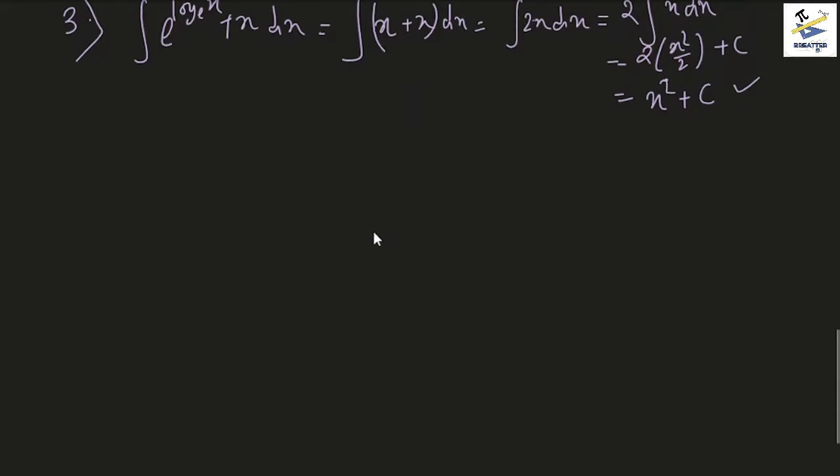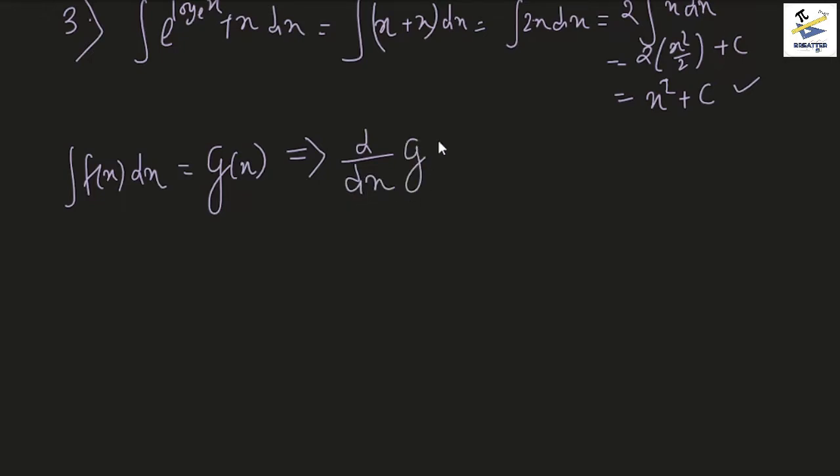So when integrating, obviously you are trying to find a function which when differentiated will give you back the integrand, right? So if you're trying to integrate some f of x dx and what you get in answer is a function g of x, what you actually mean is when you differentiate g of x, you should get back the function f of x, right?